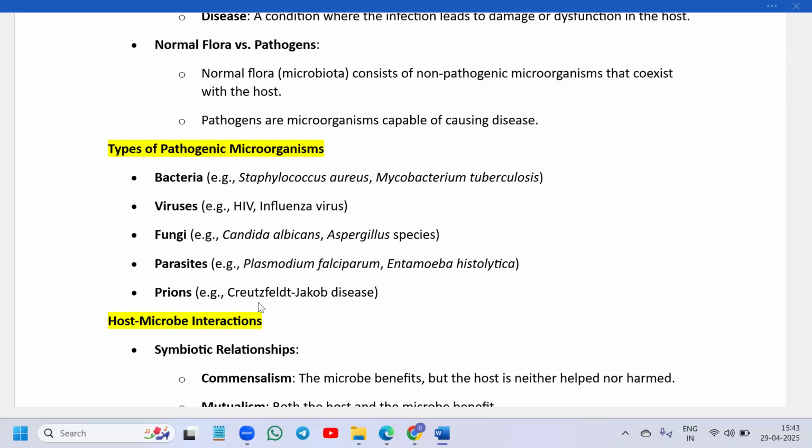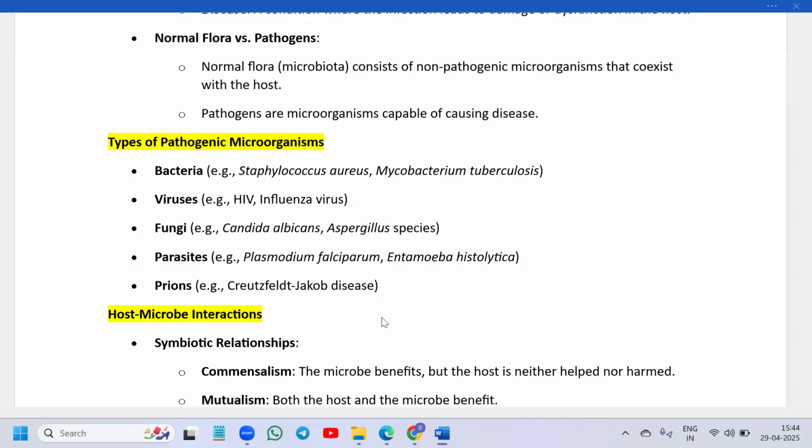And prions, which cause disease. These are proteins that are going to get accumulated and cause disease. The disease prions can cause is Creutzfeldt-Jakob disease.